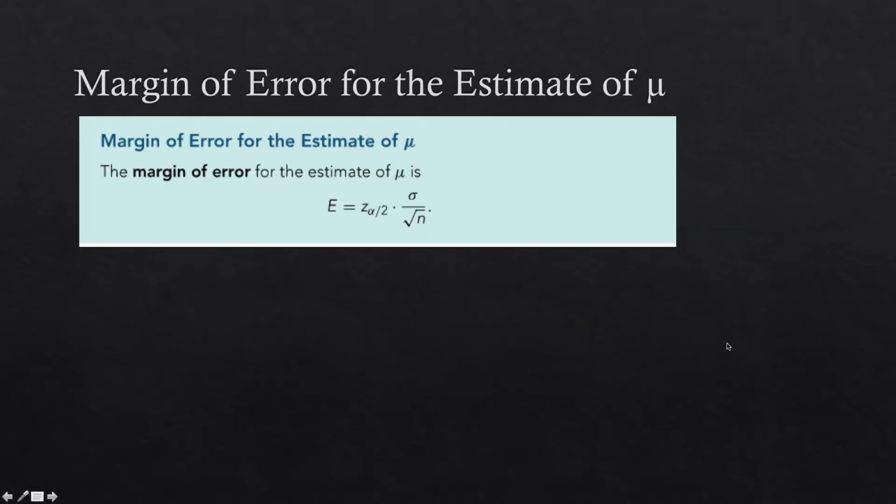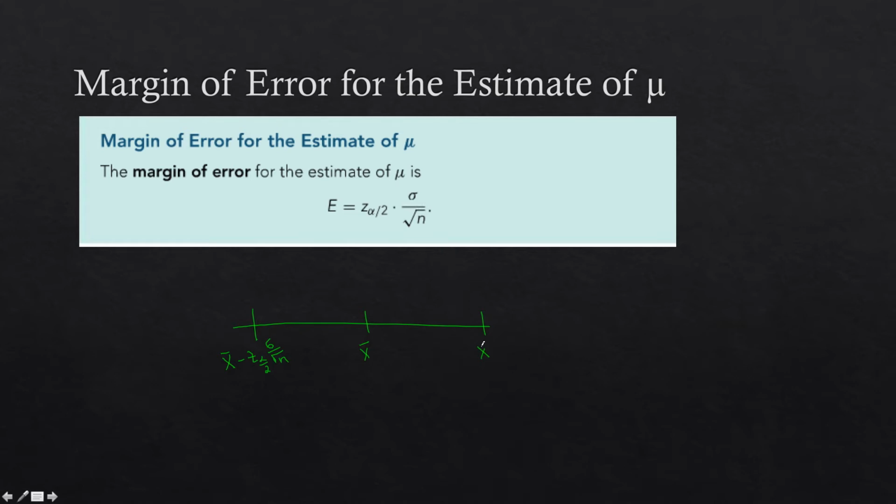Now, we actually call this error the margin of error. And so the way you need to think about all of these is the way I had it drawn before. You need to think about all of this. This is your x bar. This is your x bar minus your error.